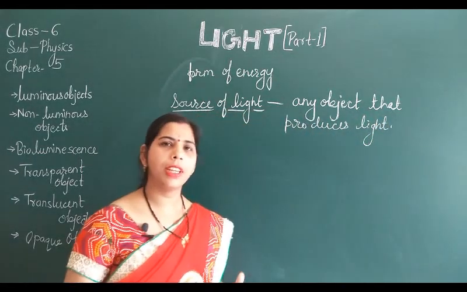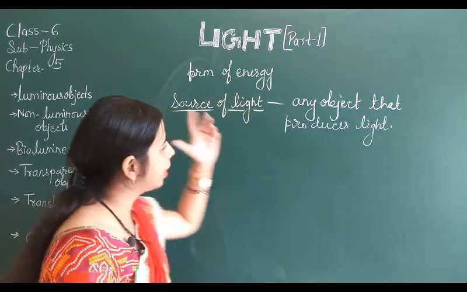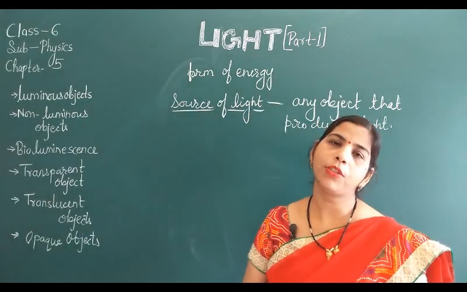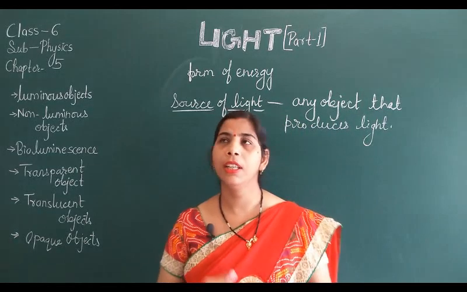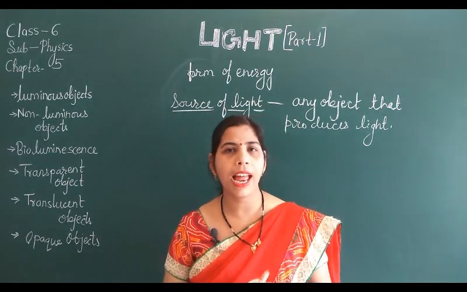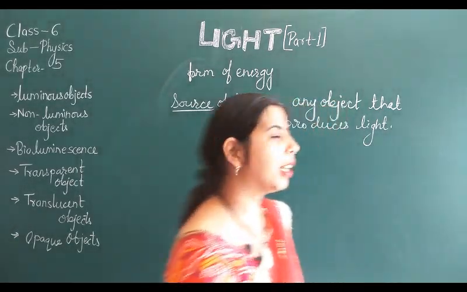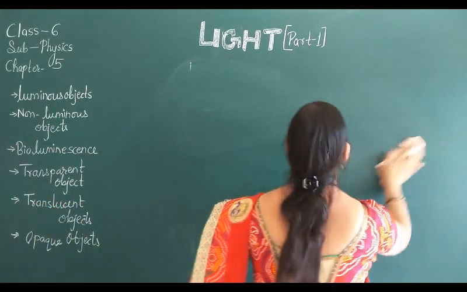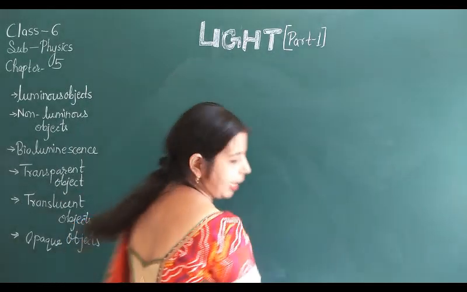Around you, you are observing different things, the sun, tube light, CFL, lamp, torch, they all are the things which are going to provide the light to you. That means they all are the sources of light.